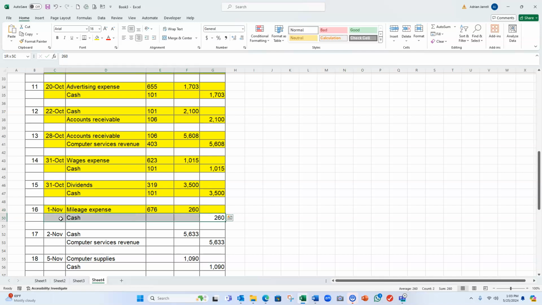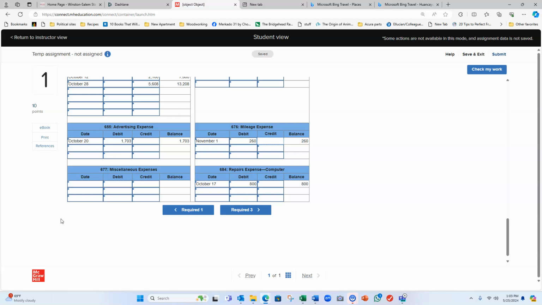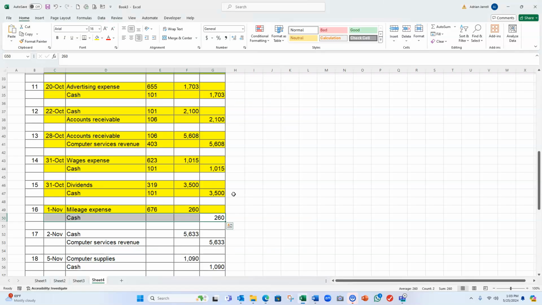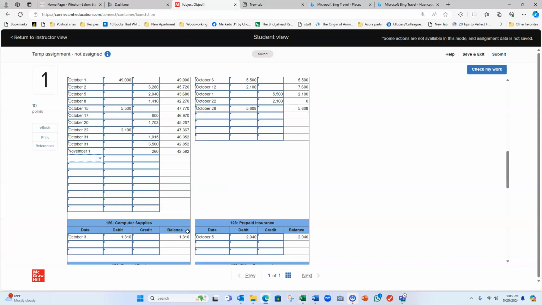Now we're going to credit cash on the 1st of November. Oh, shoot. We got to make sure I don't get anything. The 1st of November for $260. Make sure I got my amounts right. And it's a debit. And the date's right.